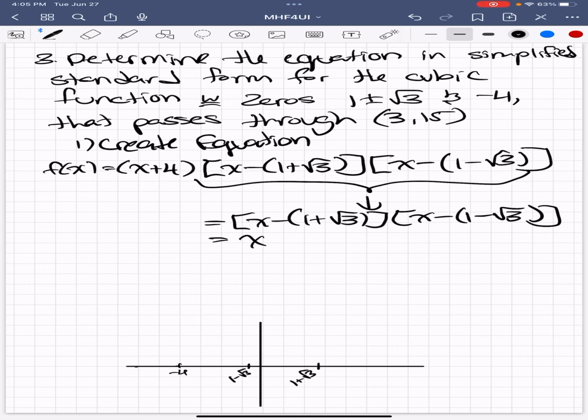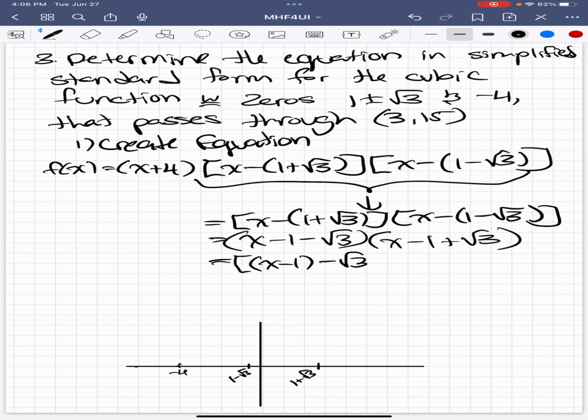Get rid of the brackets. And instead of expanding out, which would take a lot, we're going to move x minus 1 down.